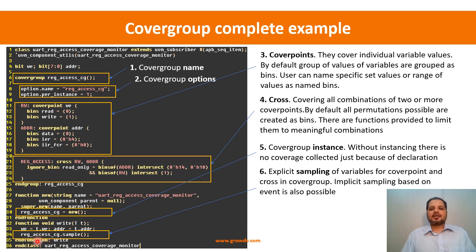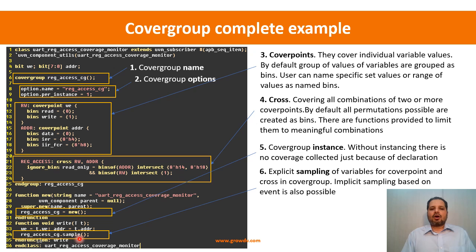Okay, and for the third step, here we are using an explicit sampling method. In the explicit sampling method, we call the dot sample function that's already built into the cover group, like the way we had dot randomize, which was already built into the class, right? So dot sample is an already built-in method of the cover group.